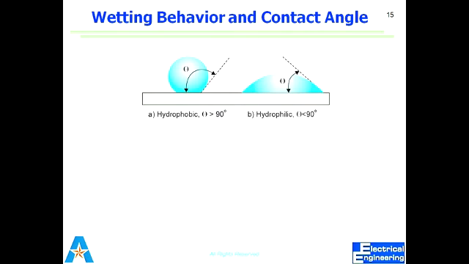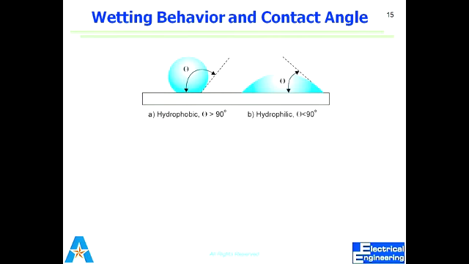Whenever you want to check something in research, maybe I am depositing some polymer. I deposit the polymer, and after that I want to check whether this polymer is hydrophilic or hydrophobic. So in order to confirm the hydrophobicity or hydrophilicity of the surface or of any material, you go for the contact angle measurement.